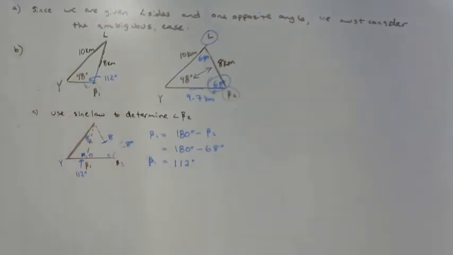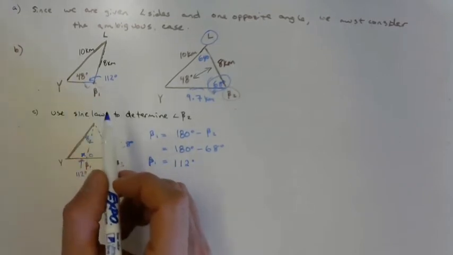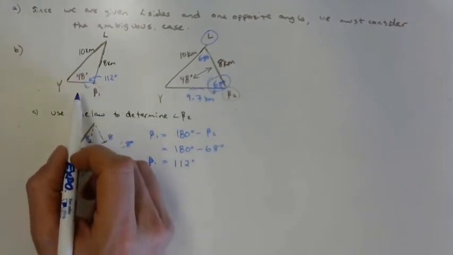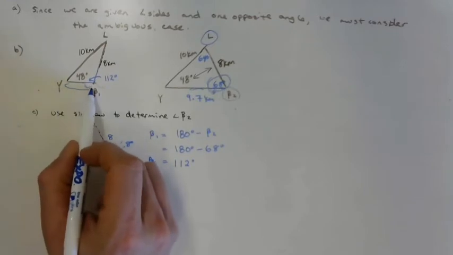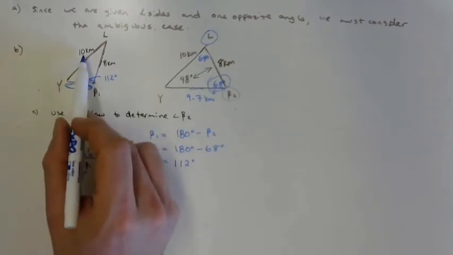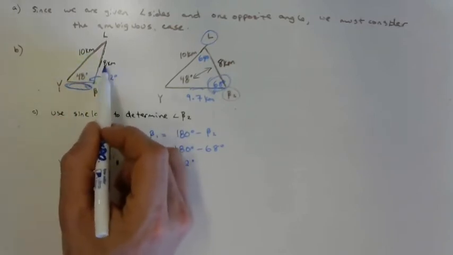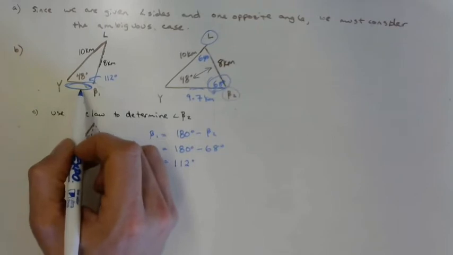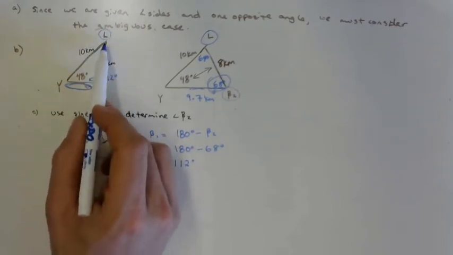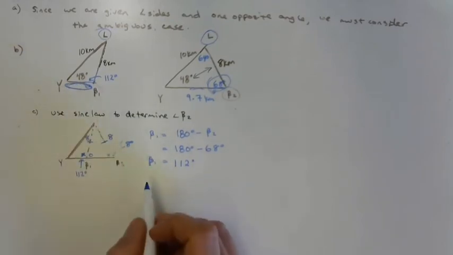Now, do we have enough information to get the length of this side? We have a 10 and 112, but we already had an opposite there. We should use 8 and 48. We're going to use 8 and 48 again, but look what we're still missing. The other angle. But we have 2 angles, so that's not that hard to get, is it?